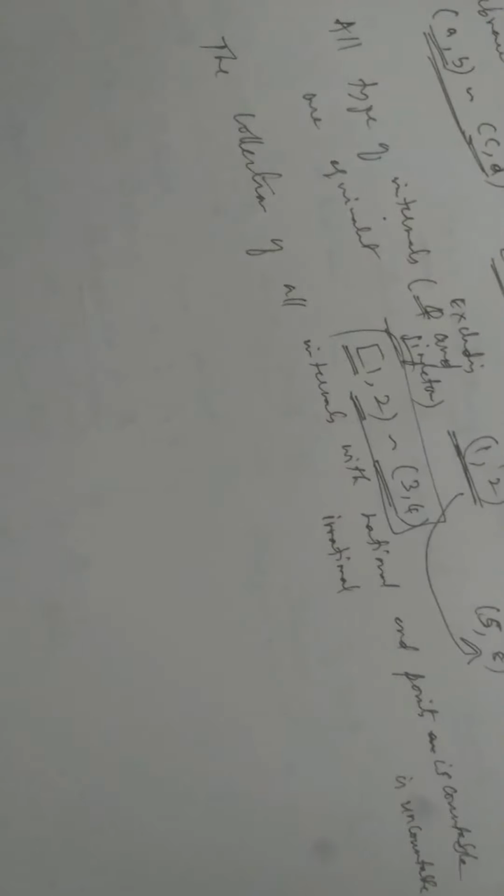Then we move on to the characterization of infinite sets. What does an infinite set look like? Once we study these things, it will take half an hour to one hour if you just go through this.